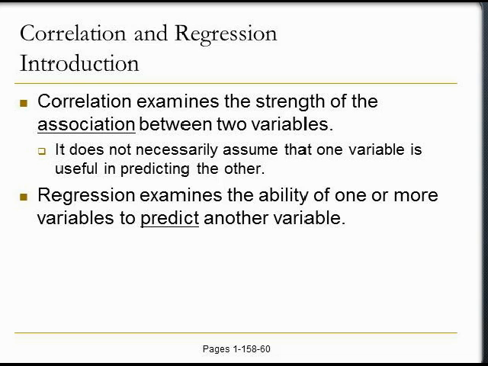Regression, on the other hand, takes it a step further and examines whether or not one variable predicts another variable. So correlation, strength of association between two variables. Regression examines the ability of one variable to predict another variable. And I'm talking about the simplest form of correlation and regression, which would be simple linear regression or very simple linear correlation.